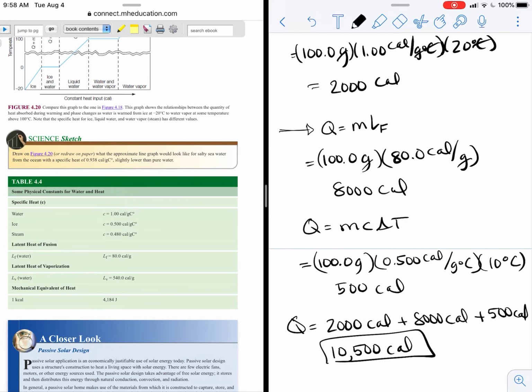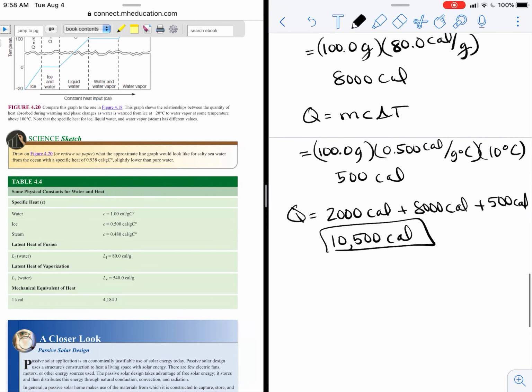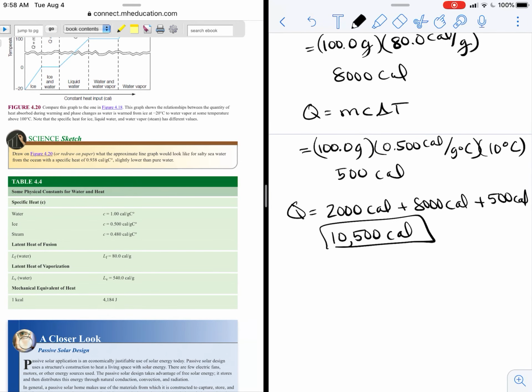Okay, now what if it was asking you to figure out how many joules that was? How do you get joules from calories? You could say for every 1 calorie, there's 4.184 joules.